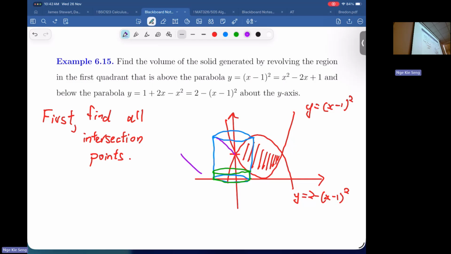Let's draw the shape again. So you can think of it as a big cylinder take away a smaller cylinder, and then you do it for all the cylinders.